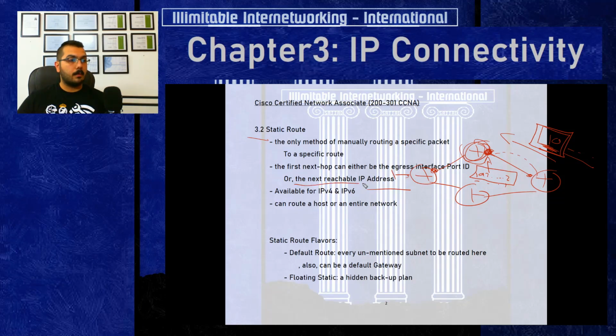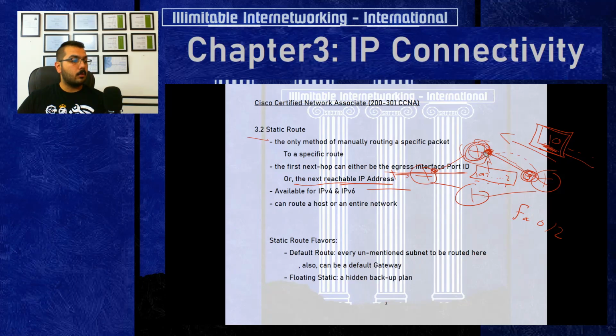Okay, the next option is the next reachable IP address, or the egress interface port ID. Maybe I will tell it route 10.something to FastEthernet 0/2, which is this one. So the packet will egress from FastEthernet 0/2, and it's guaranteed that it will reach this interface.